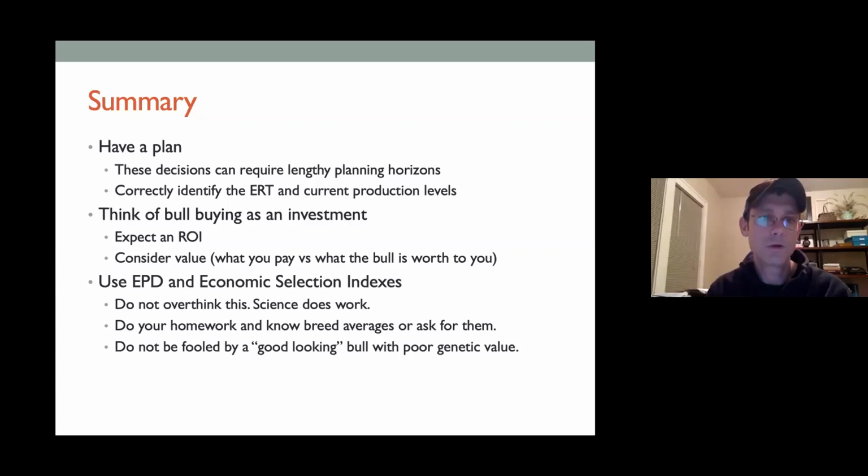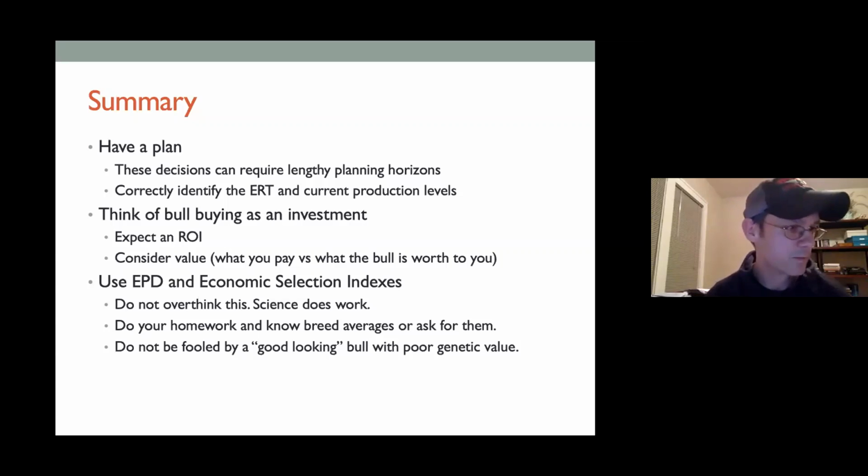So you need to think long term and correctly identify the traits that are economically relevant and what your current production levels are. That tells you not only what traits to focus on, but which ones perhaps deserve some more emphasis. Think of bull buying as an investment and expect a return on that investment.